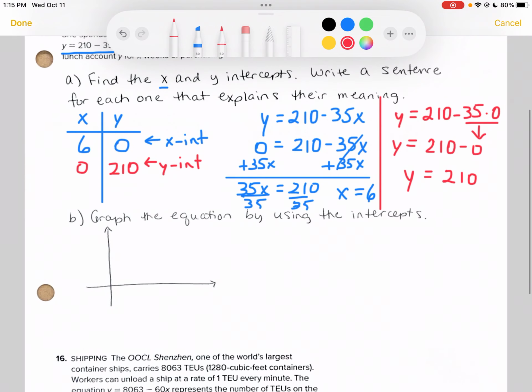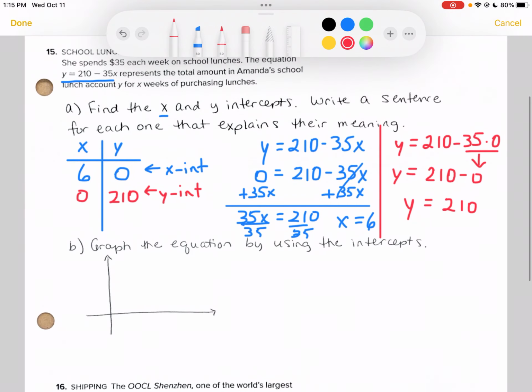And then it says graph the equation by using the intercepts. But I think it helps if we think about what the variables stand for. X is weeks, and y is the total in the lunch account, so this is dollars. We're just sketching a very rough graph here.